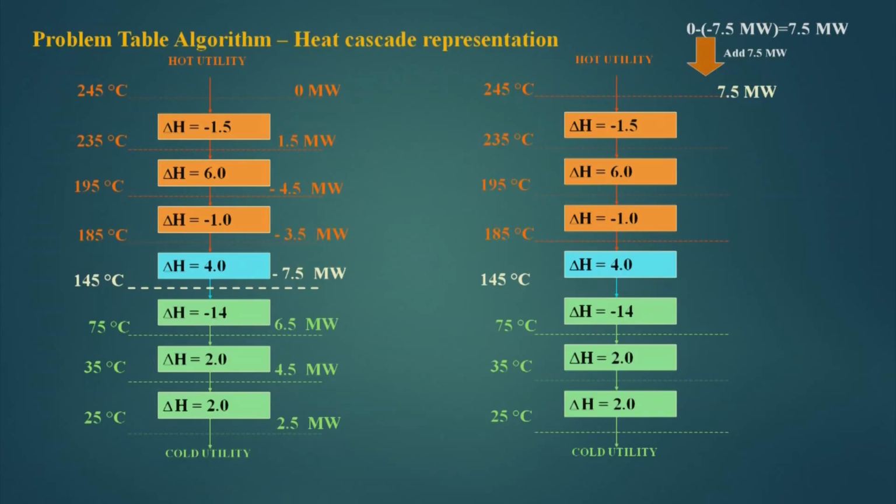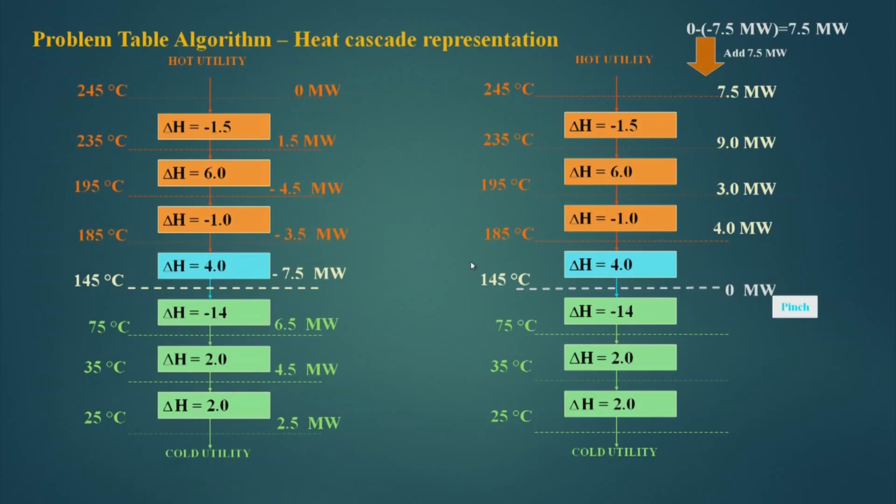Now, if I do this, the 7.5 megawatt crosses the 245 temperature level, and here it becomes 9 megawatt, and then this becomes 3 megawatt, this becomes 4.0 megawatt, and this becomes 0 megawatt. Once this is 0 megawatt, that means 0 megawatt crosses the temperature level of 145 degree centigrade, and hence it is the pinch temperature.